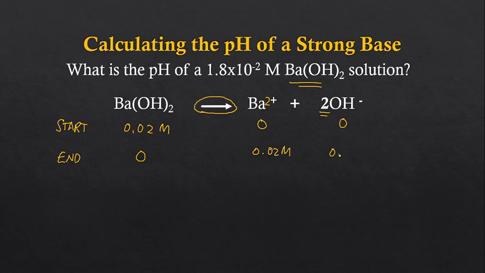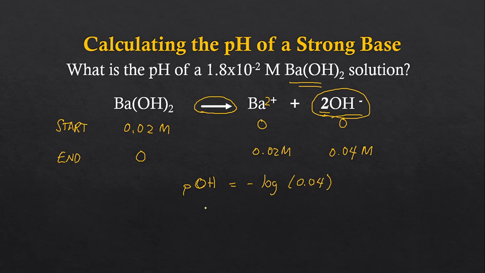So, 0.04 molar. Again, bakit siya naging 0.04? Kasi nga, dalawa yung moles ng hydroxide ion natin. Okay. Now, in this case, OH kasi siya, so this is pOH. pOH is equal to the negative logarithm of 0.04.